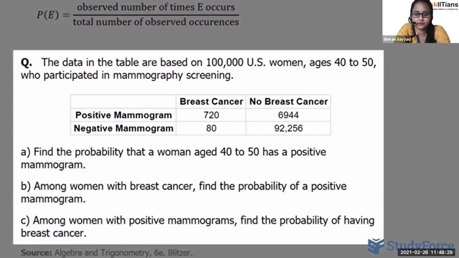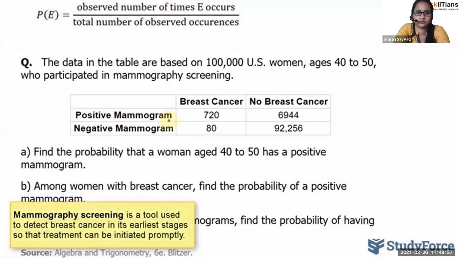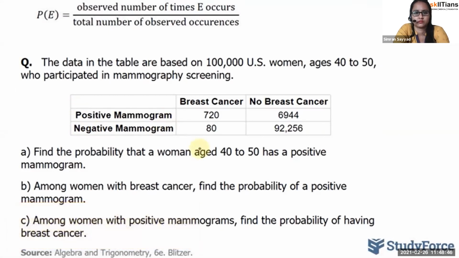Based on 100,000 US women aged 40 to 50 who participated in a mammographic screening, the table shows positive and negative results. In question A, we're asked to find the probability that a woman aged 40 to 50 has a positive mammogram.